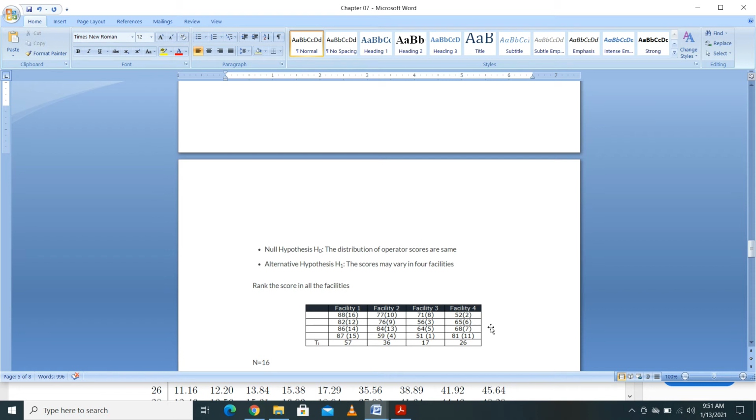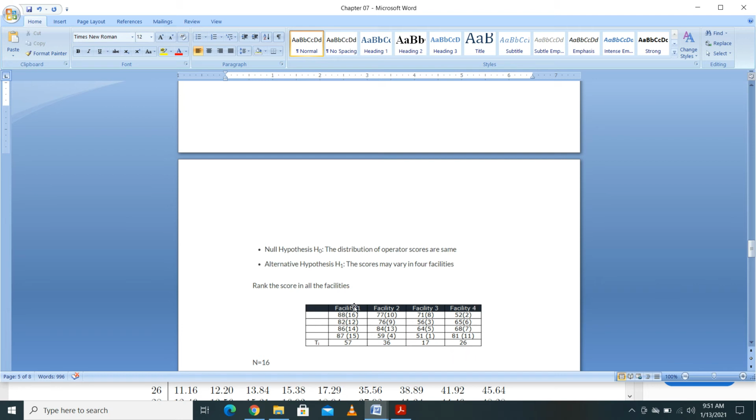Likewise, you take the data set, pool all the observations, arrange them in ascending order, and give ranks. Like we did earlier, if you have tied values, you average the rank values. Then you check the ranks that you have received for each sample.